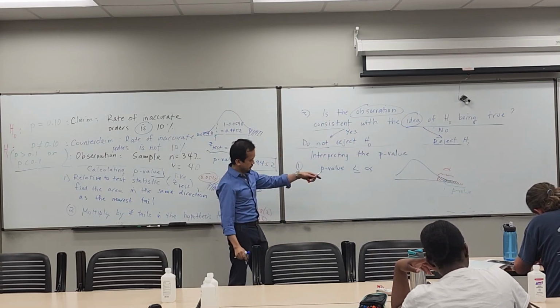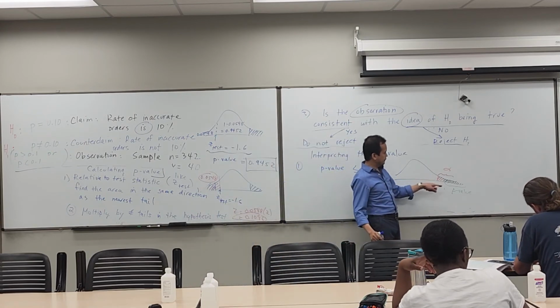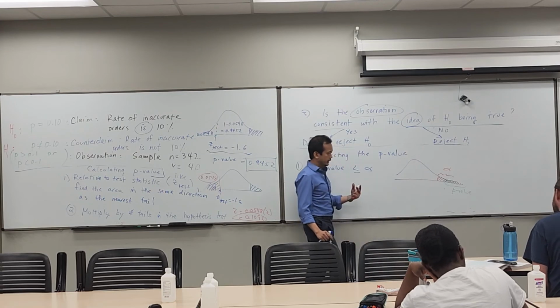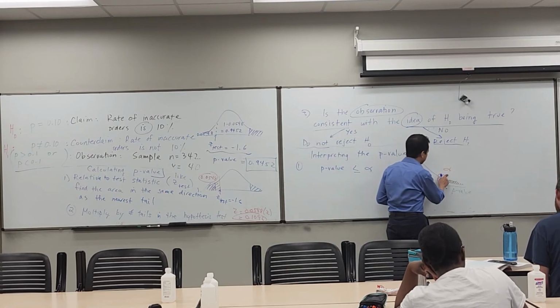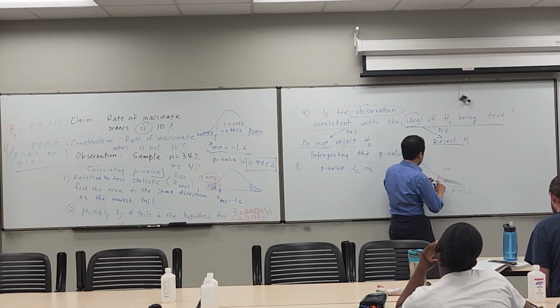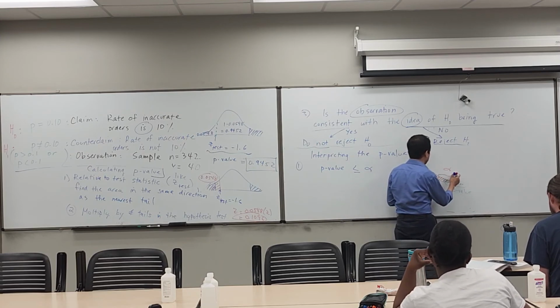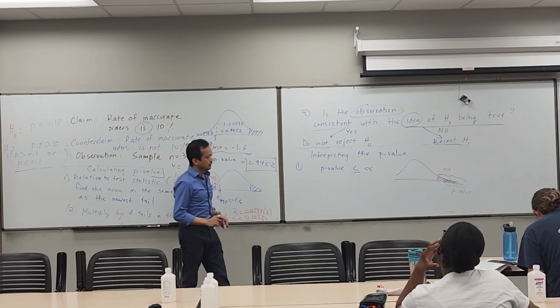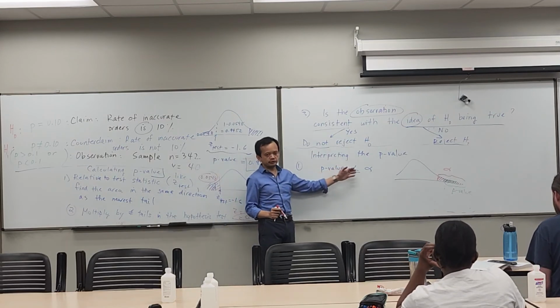So the p-value, the area overlapping our nearest tail for the observation, is in green. Alpha, the area of the tail itself, is in red. So in this case, the p-value is less than or equal to alpha.